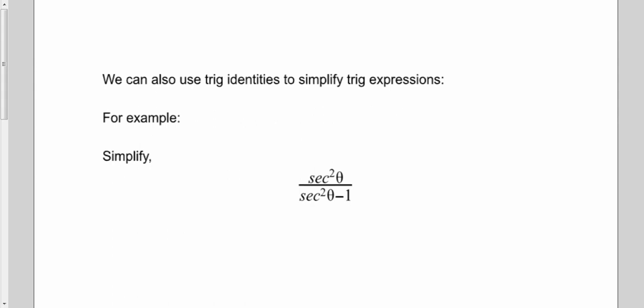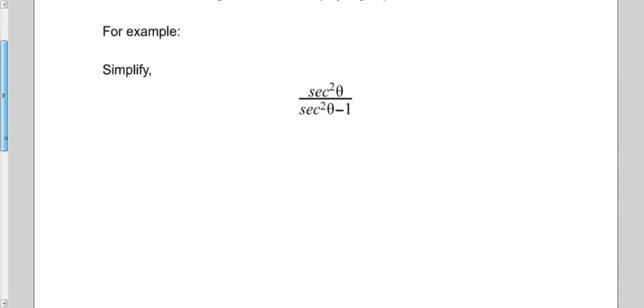Okay? We can also use these things to simplify trig expressions. How can I simplify this one? Do you see anything on the whiteboard to the left that might help me with this one?